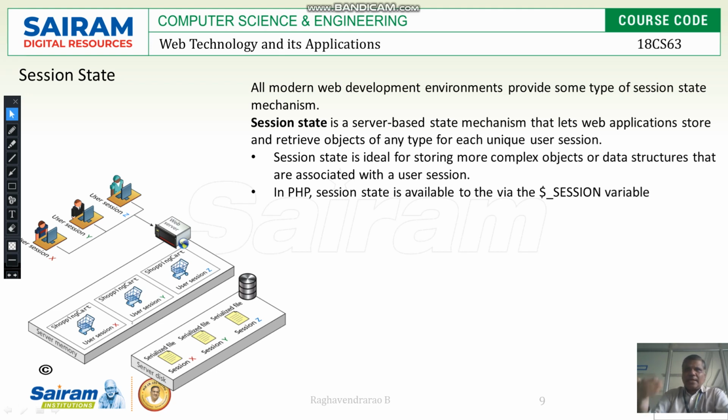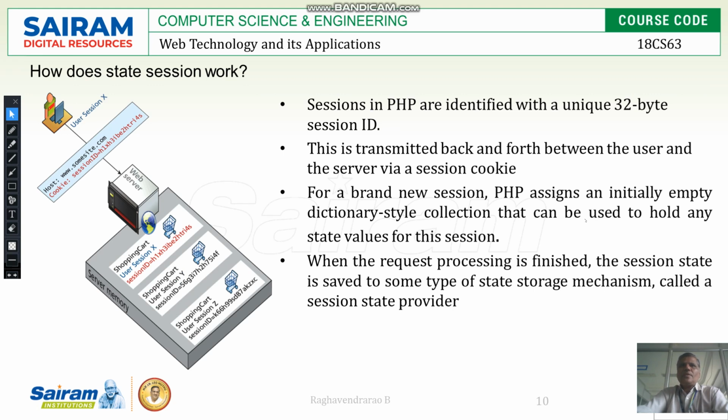So tracking with a cookie is getting created for that, and tracking of those things is present with that session. Next time, whenever you want to fetch that data, you can definitely do it using the session variable. Session state is available via the session variable. This is how this particular session works basically.